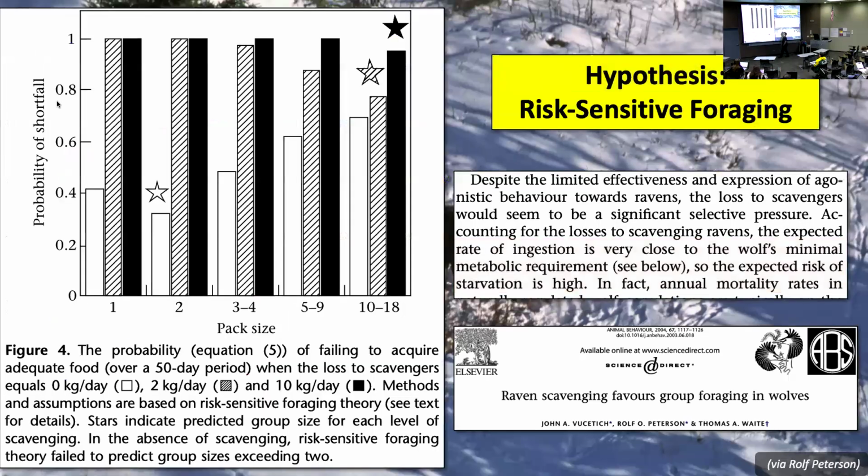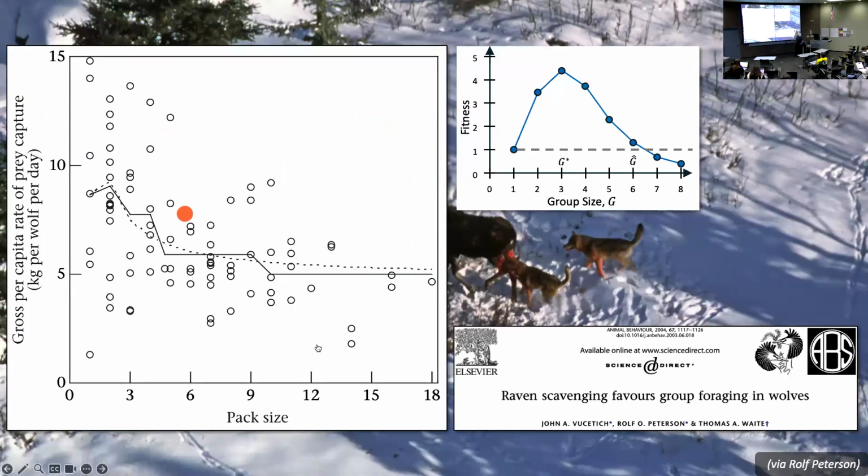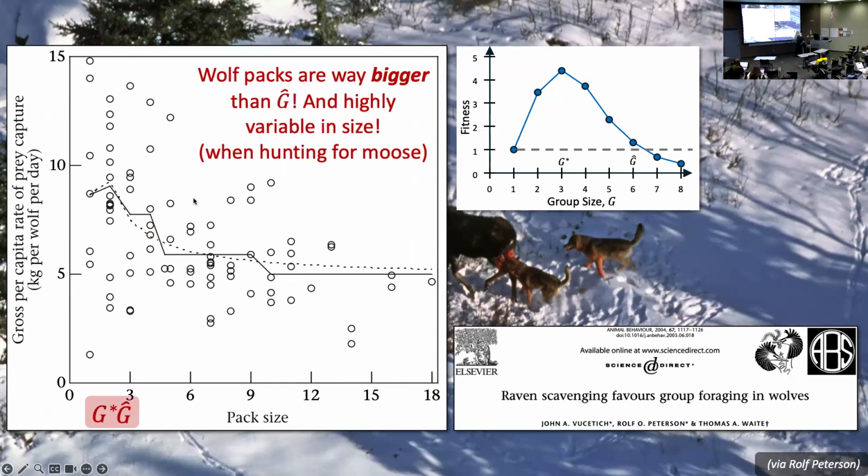So if I go back, remember the pattern they're trying to explain is this. There are just huge variations. As far as we know, there's no reason why wolf packs should be greater than 2, maybe 3 wolves, and yet we very frequently see 18 wolf packs, 12 wolf packs, 10 wolf packs, and so on. So they're asking, what could explain this variation?